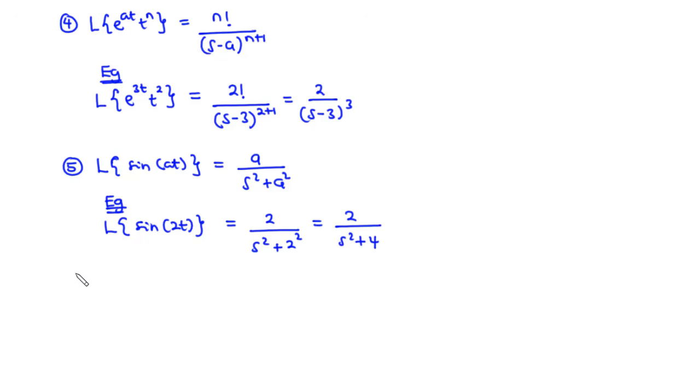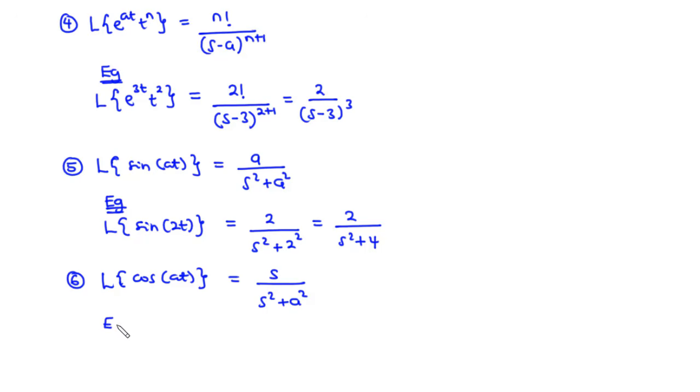and this is equal to 2 divided by s square plus 4. Now to the sixth function, we want to find the Laplace transform of the function cos at, that is also given by s divided by s square plus a square.